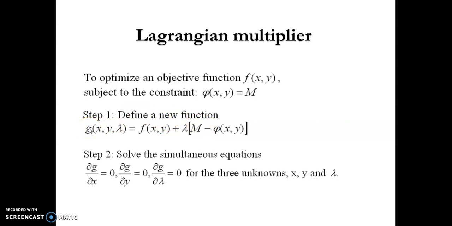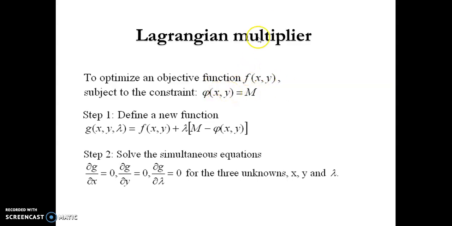So the first thing you want to do is rearrange the constraint such that that constant is m minus phi, right? So first rearrange the constraint in this form. That can be done by taking this portion over to the right hand side and setting your left hand side equal to 0, right?